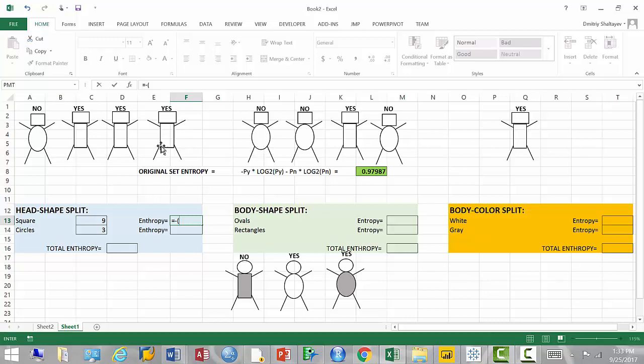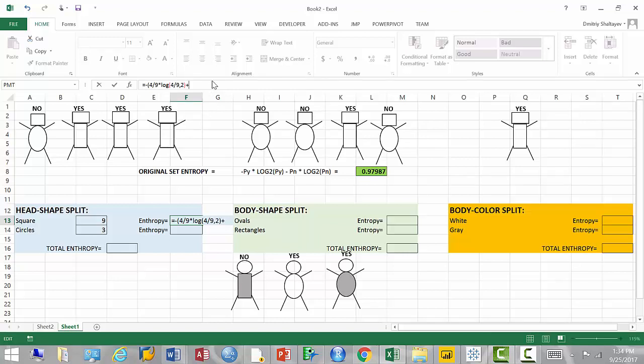How many no's do I have? 1, 2, 3, 4. 4 no's, out of how many? 9, in the group. So therefore, I have 4 out of 9 that are no default. Multiply that by log of 4 out of 9 base 2. So that's my no part of my set.